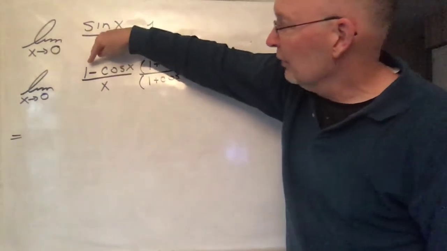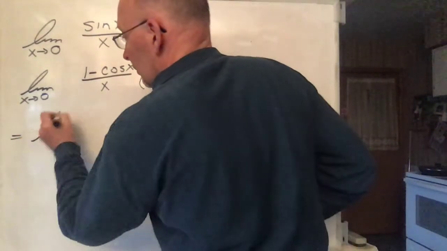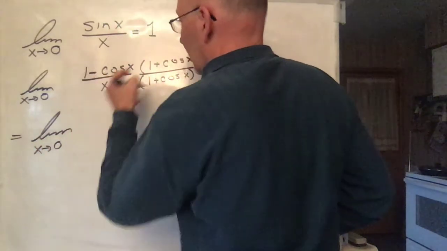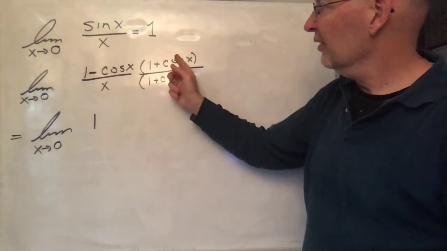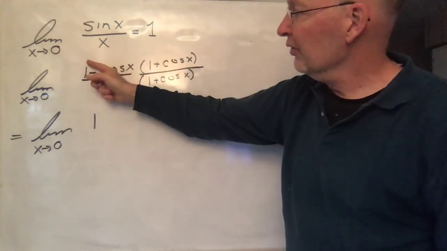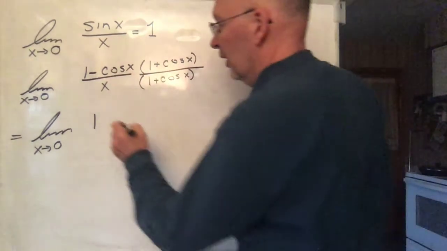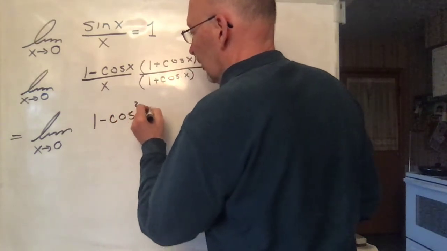And now I'll use FOIL. And when we use FOIL, we're going to get 1 times 1 is 1. Here you're going to get negative cosine of x. Here you're going to get positive cosine of x. So those two undo each other. And then you have cosine times cosine is cosine squared. 1 minus cosine squared is what you end up with there.